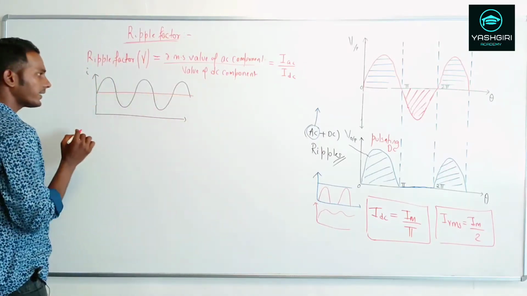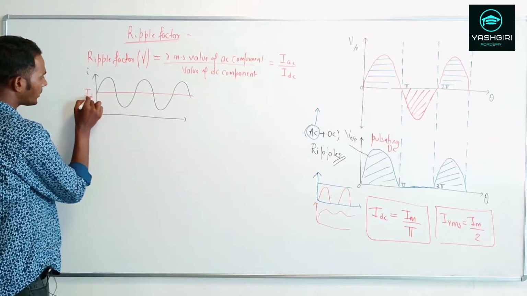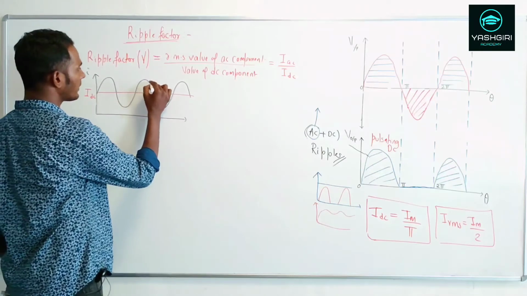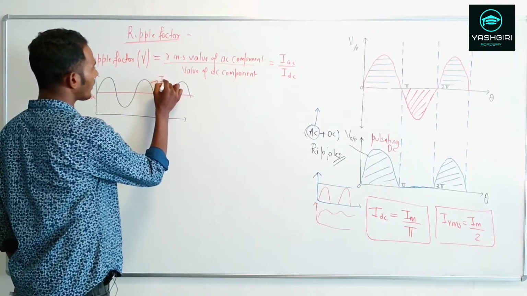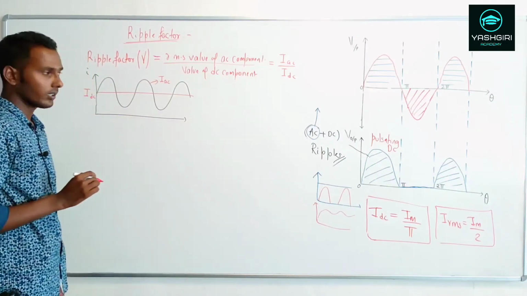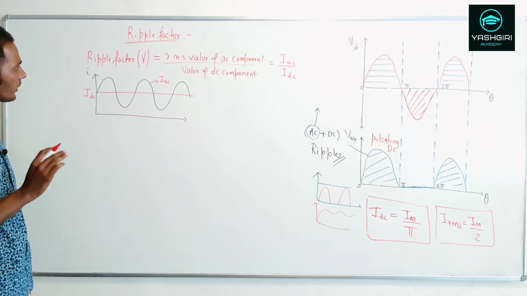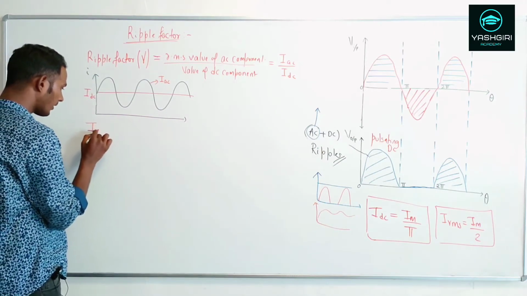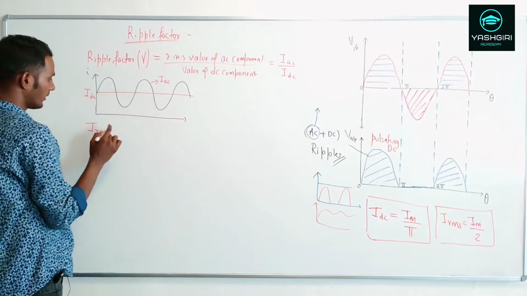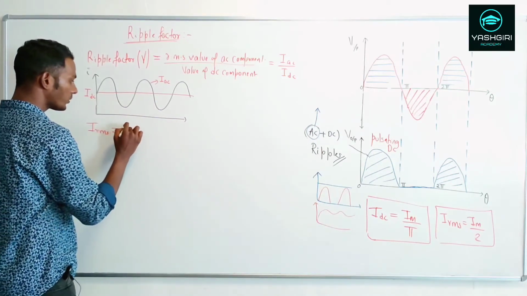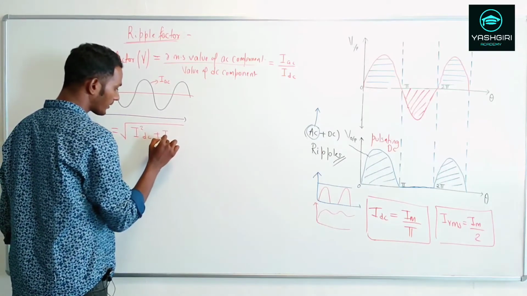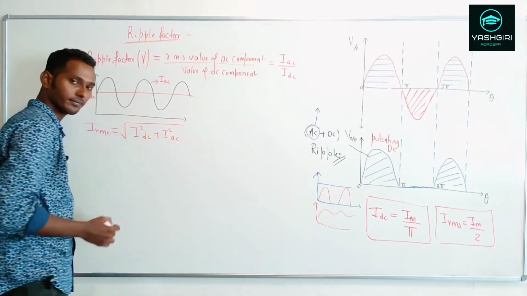So it's a pulsating DC, which is the superposition of IDC plus this IAC. If I want to calculate the effective RMS of this signal, I can say it is equal to the square root of I square DC plus I square AC.